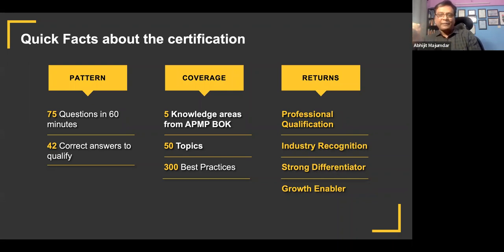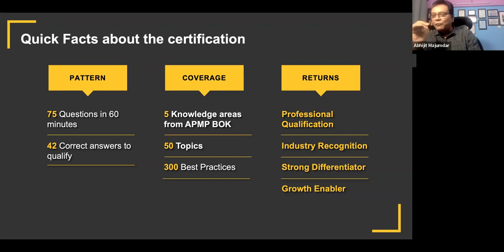I have not heard back from anyone coming back to me and saying that, no, I didn't get a good appraisal, I didn't get a good growth. Everybody has seen that. But does that mean that it is the APMP certification which has given them that growth? Absolutely not. It is also their capabilities and the mindset which they build after going through this program.